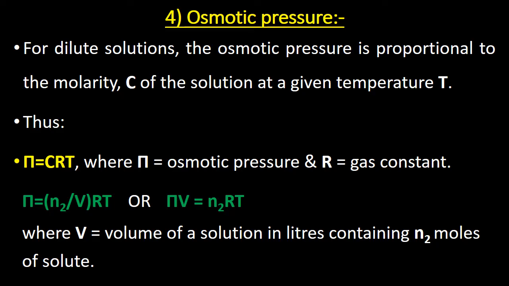Or pi is equal to N2 divided by V into RT, or pi V is equal to N2 into R into T, where V is the volume of a solution in liters containing N2 moles of the solute.